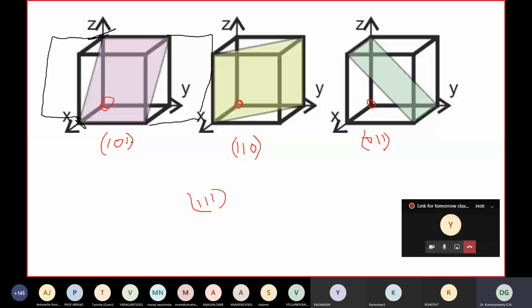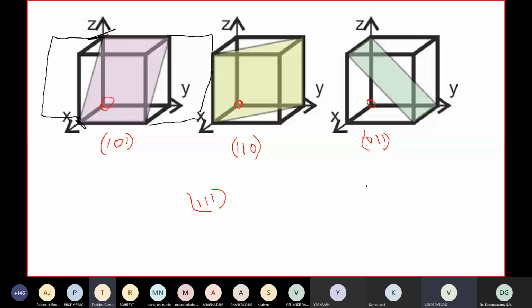Clear? Yes, sir. Clear? Yes, sir. Okay. This one, you know, similar. Just the orientation is different. That's it. Yeah, we got this, sir. Okay, fine then.